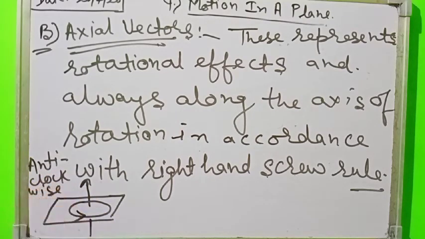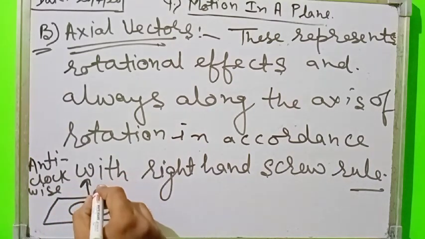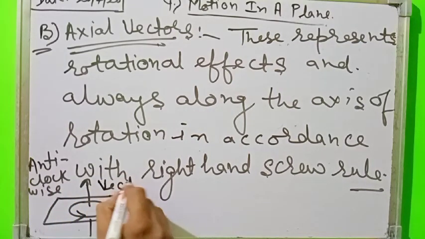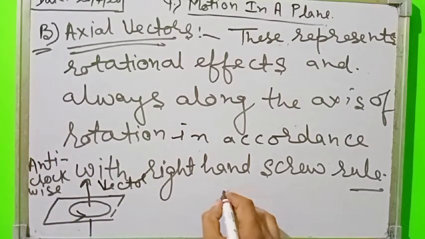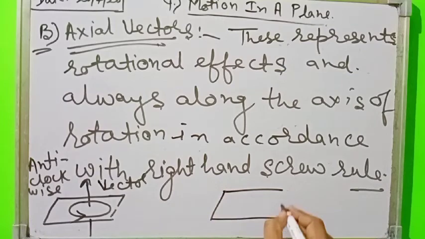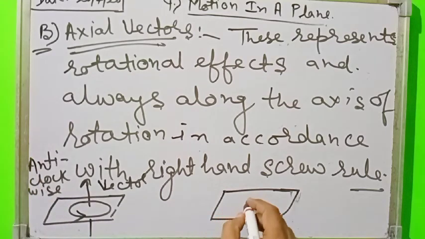Direction is anti-clockwise, so this is the direction of vector. And if you look at the clock, it is opposite to the direction of the clock, so it is anti-clockwise.